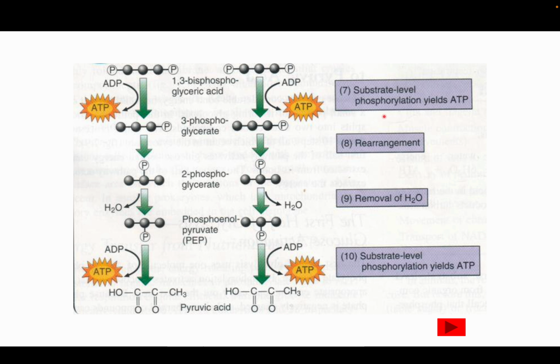During substrate level phosphorylation, the 1,3 BPG molecules are transformed to 3 phosphoglycerates. During that transformation, one of the phosphate groups from each molecule is used to form ATP molecules. So two ATP molecules are produced during substrate level phosphorylation from a single glucose molecule.